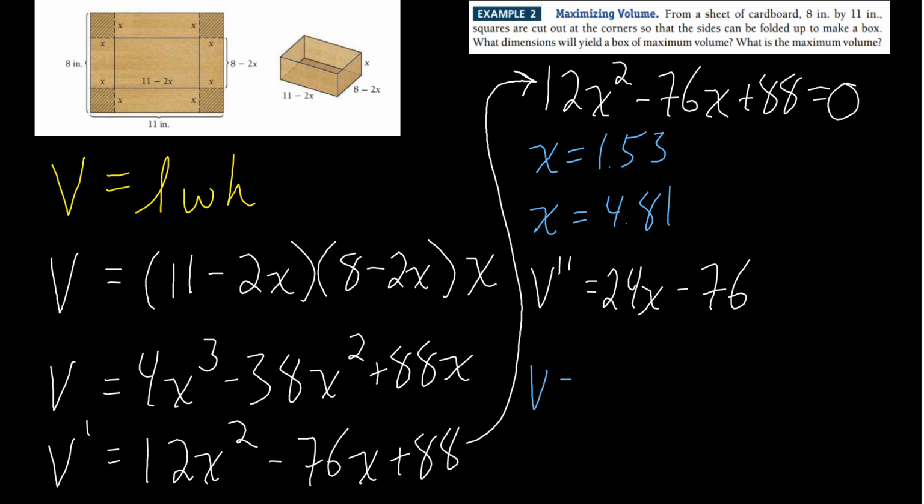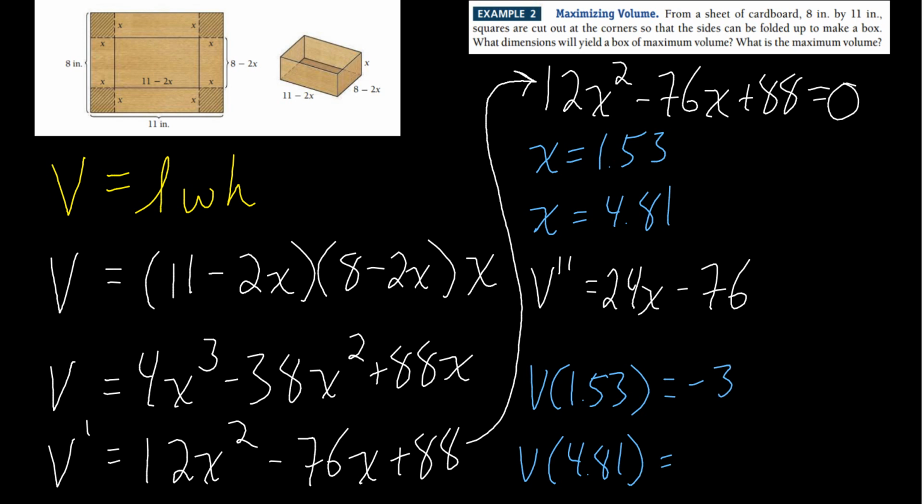Just for fun, let's plug in. What is v double prime of 1.53, and then we'll figure out what it is at 4.81. We've got negative 30.